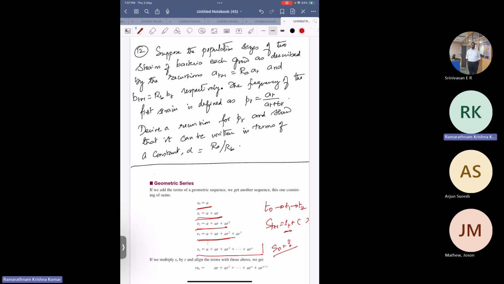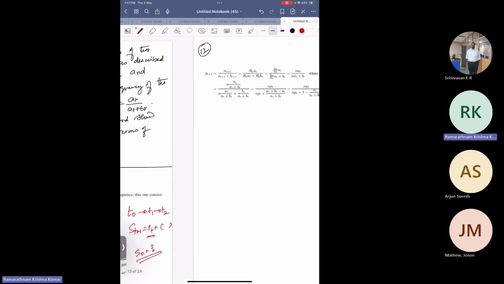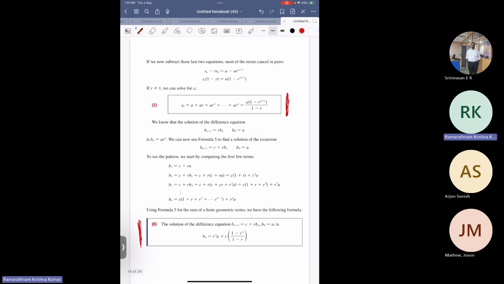Can I get a formula for Sn? Should I keep on adding one after the other? So that is the question. The formula for Sn is given by this. This is the equation.